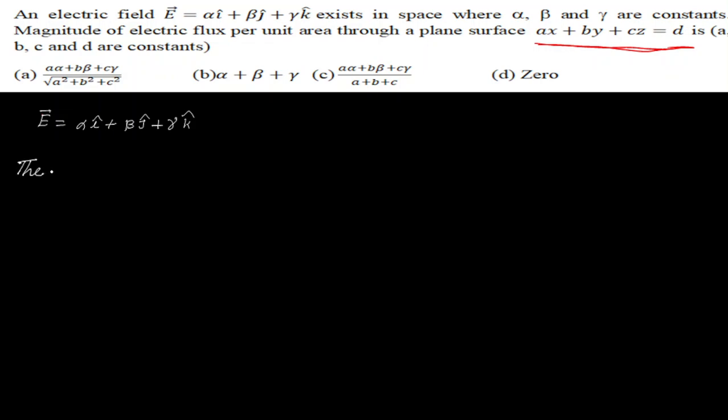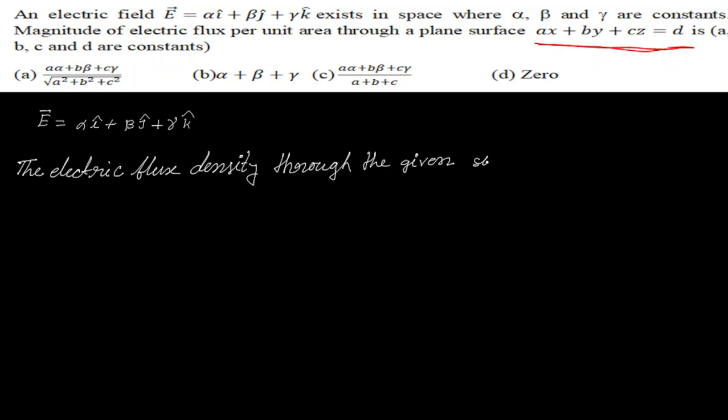So the electric flux density through the given surface is phi divided by A, where phi is the total flux and A is the total area.